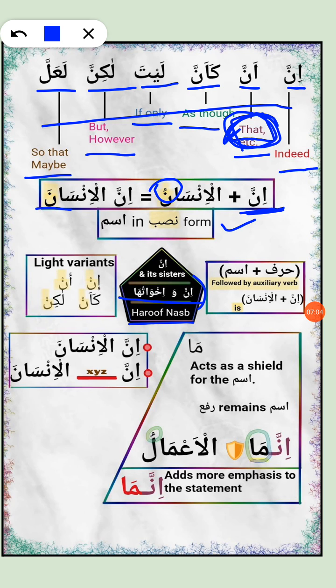What's the second one? The second one is that this harf nasab and its ism form a combo. Like here, innal insana is a combo, and this combo is always preceded by an auxiliary verb, a helping verb. What are auxiliary verbs?